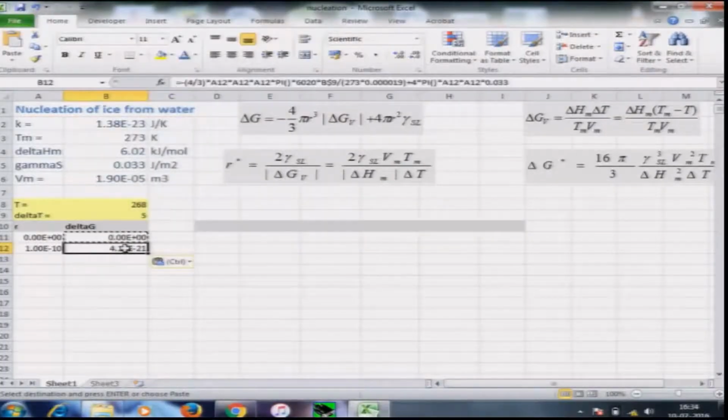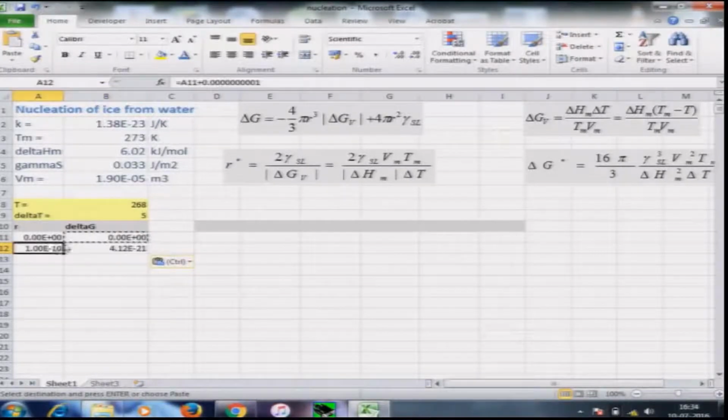So, what happens is the equation gets carried to this, and as you will notice, the reference to R changes to A12 here, as you can see in this formula at the top, and so therefore, it calculates now the delta G for 1 into 10 to the power minus 10 meter radius.